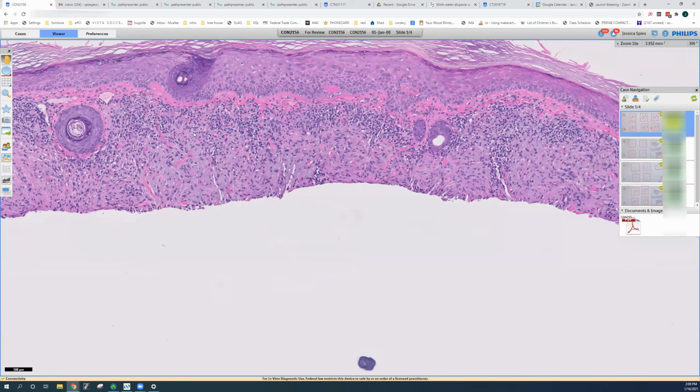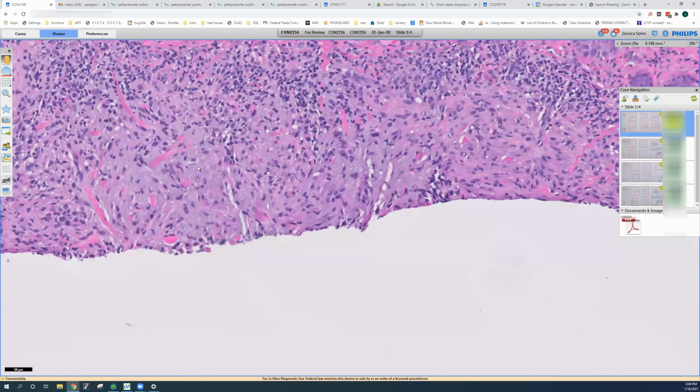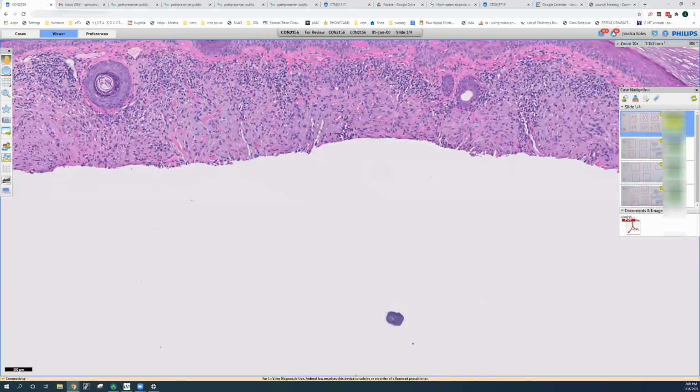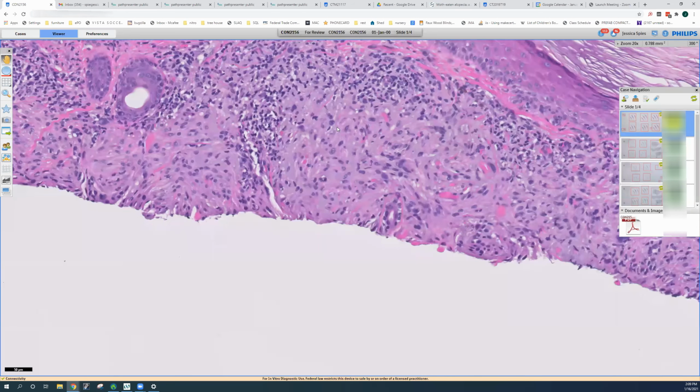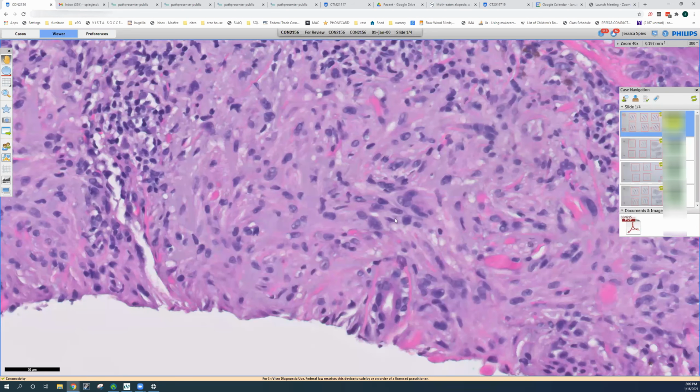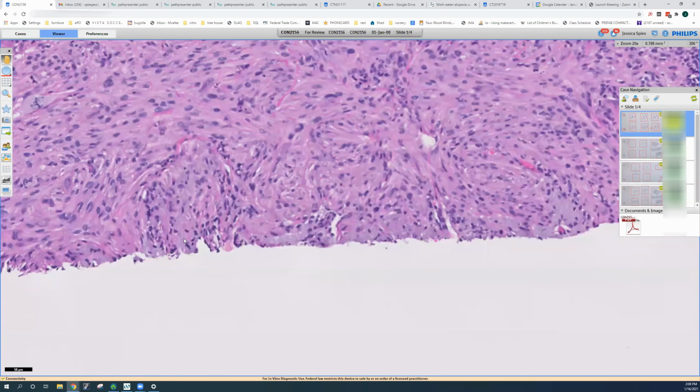And then what's going on here in the dermis? We've got all these spindled cells and some admixed with some inflammation. Some of them are quite large. Some of them are quite hyperchromatic. Let's look around here. This is even better down here.